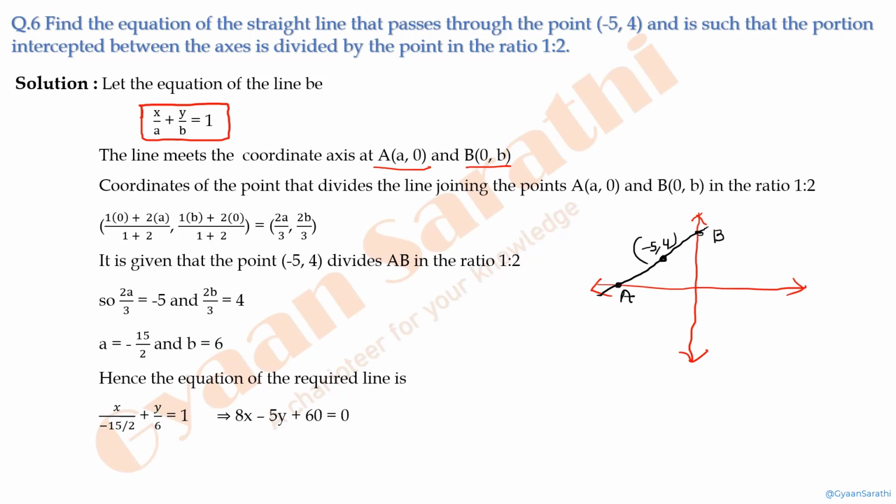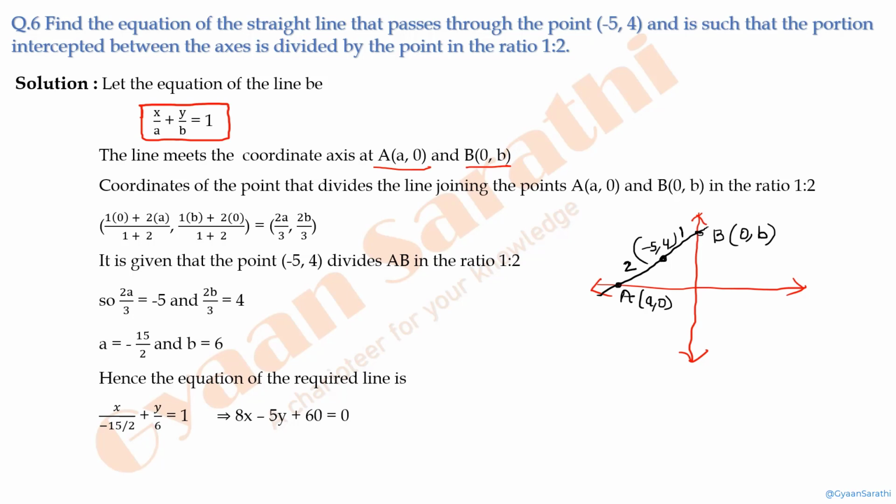So we are using the section formula here. This is 1 and this is 2, so this is (a, 0) and this is (0, b).